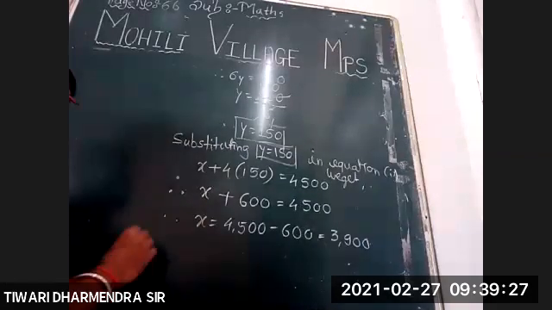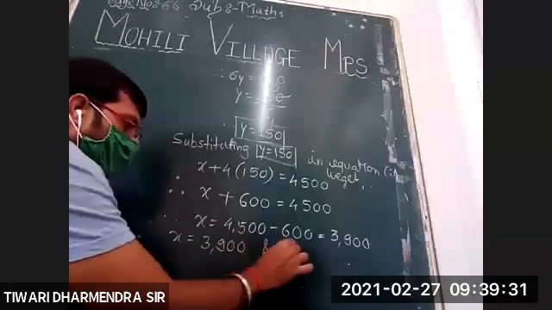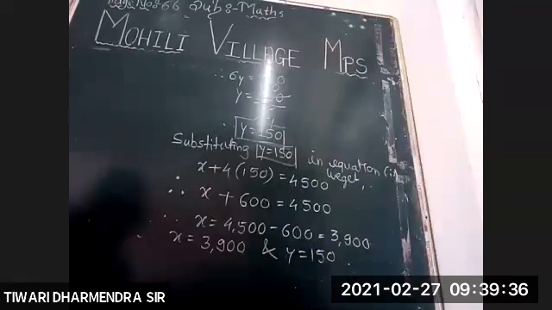So therefore, X equal to 3,900 and Y is equal to 150. So write the answer, that is the statement.